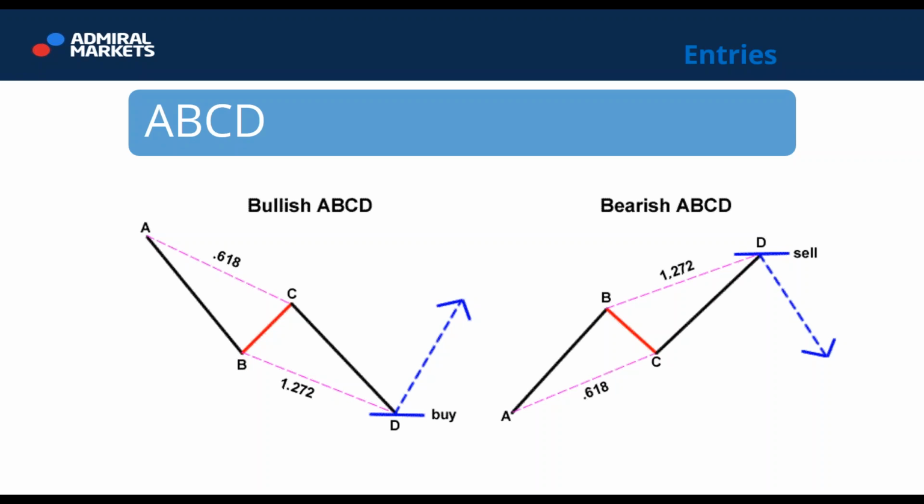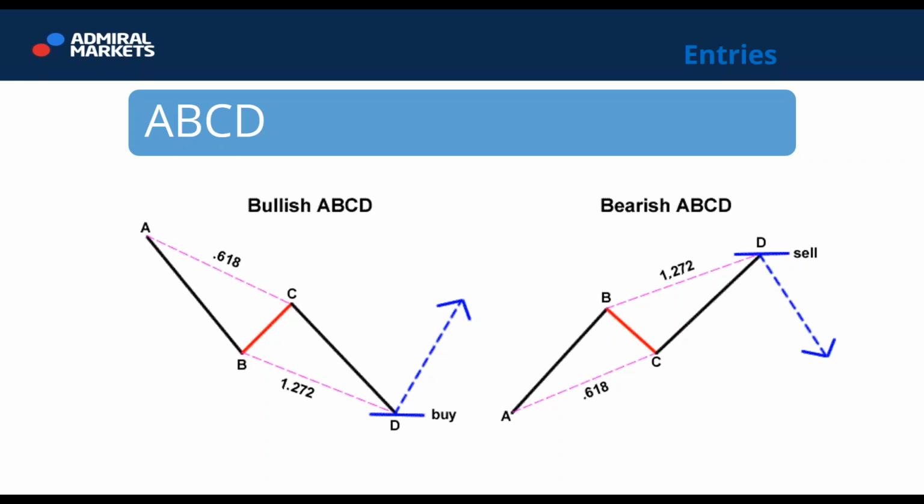So guys, ABCDs are strong, both in trend and counter trend moves. We have three types of ABCD. Classic ABCD, AB equals CD, okay, and ABCD extension. Those are, guys, just variations, okay?